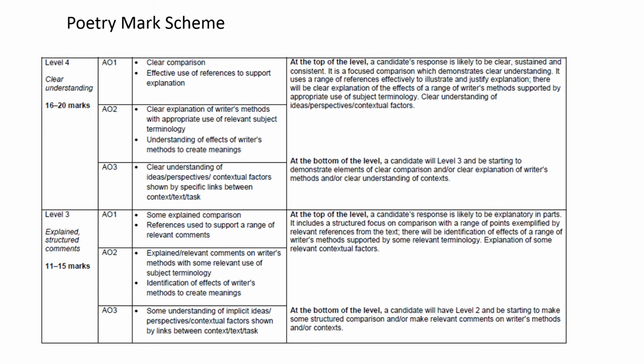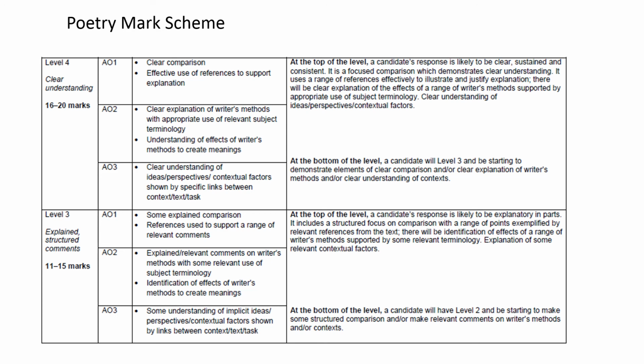Looking a little bit further down the mark scheme, we've got levels 3 and 4, and in that left hand column it tells you for level 4 you need clear understanding, and for level 3 explained, structured comments. This means that to get into 11 to 20 marks, you still need to be offering that explained detail.